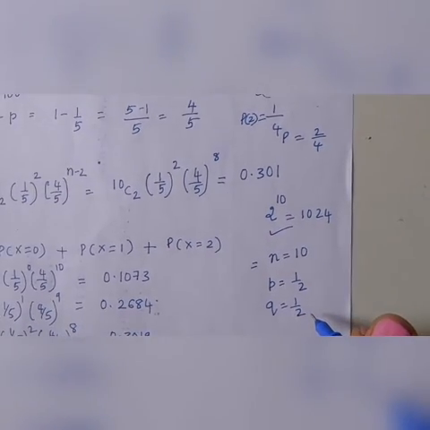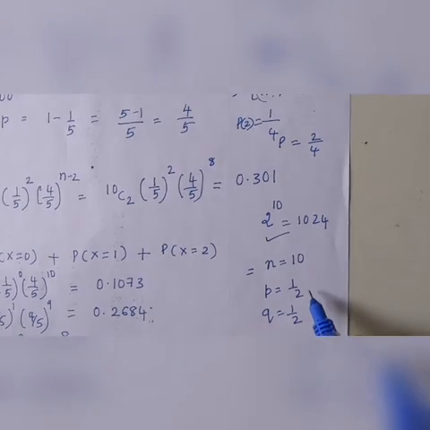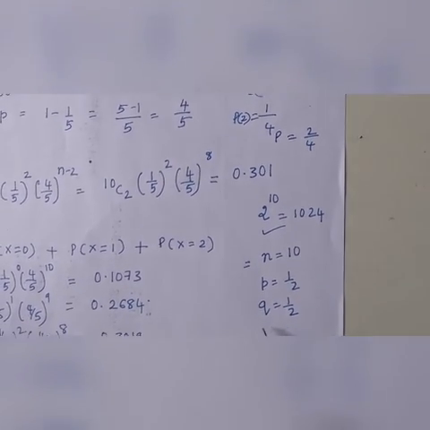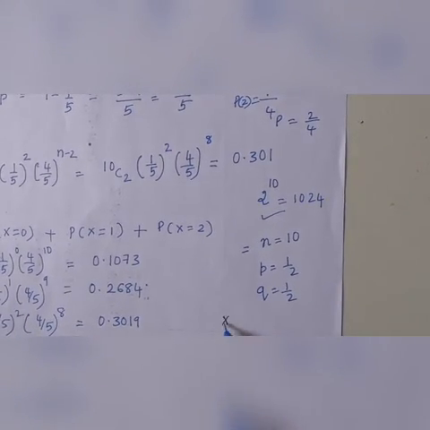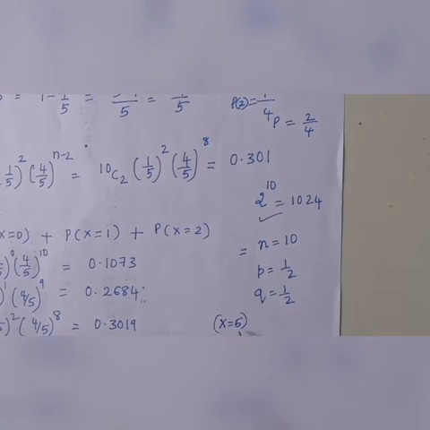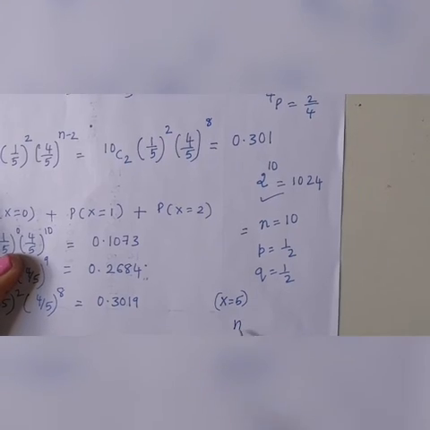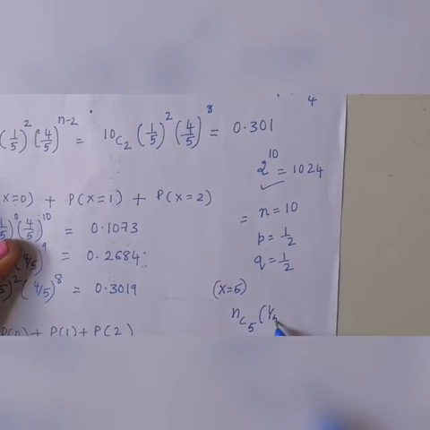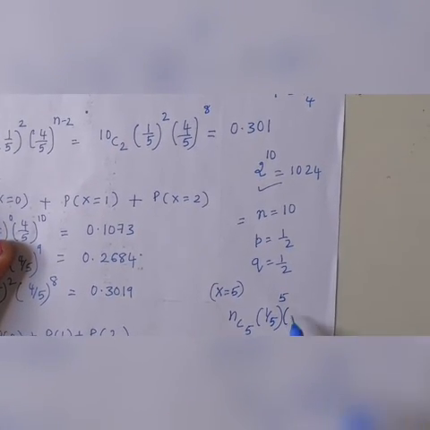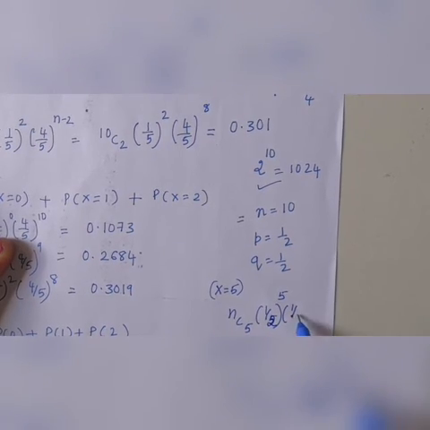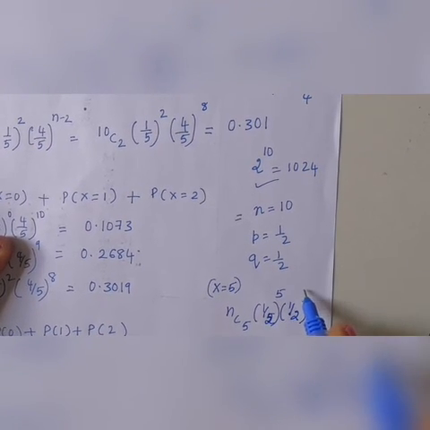And failing is also 50%. Then if I want to calculate for x equal to 5, the probability of getting 5 heads, it is nC5, 1 by 2 to the power of 5, and 1 by 2 to the power of n minus 5.